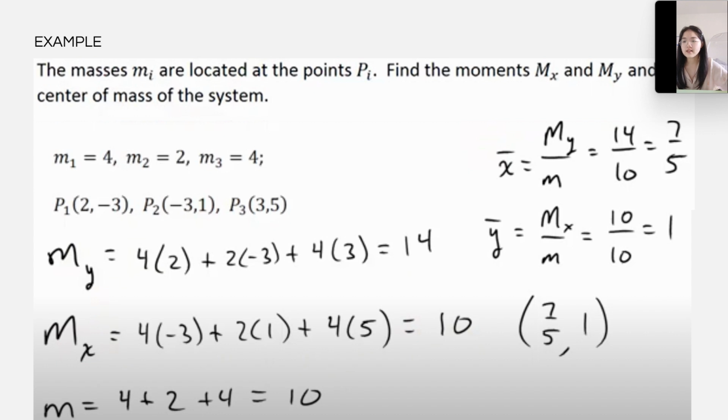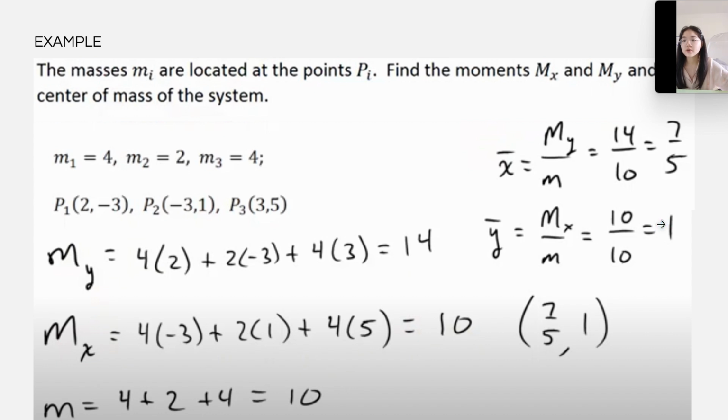Then we can easily get the total moment along the y-axis equal to 4 times 2 plus 2 times minus 3 plus 4 times 3 equals 14. And Mx equals 4 times minus 3 plus 2 times 1 plus 4 times 5 equals 10.